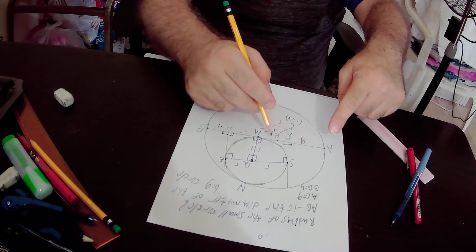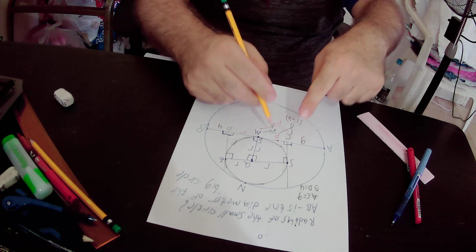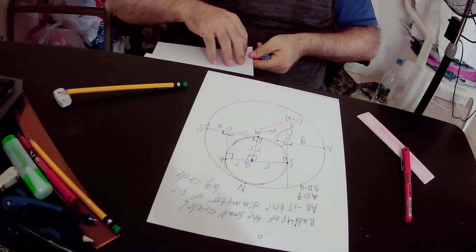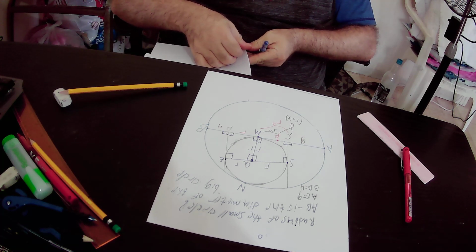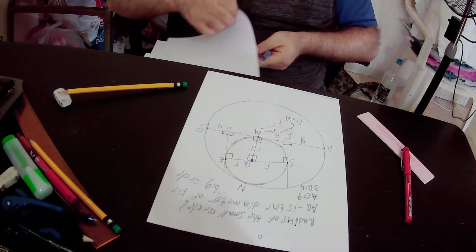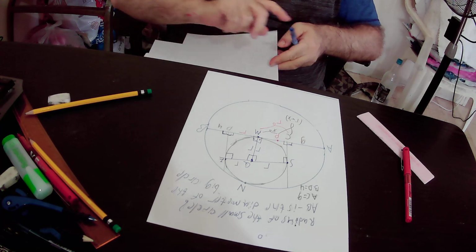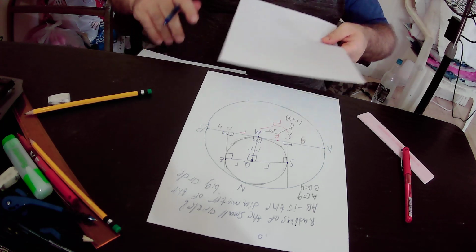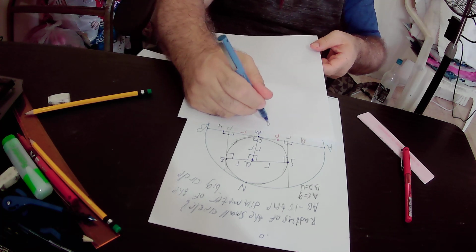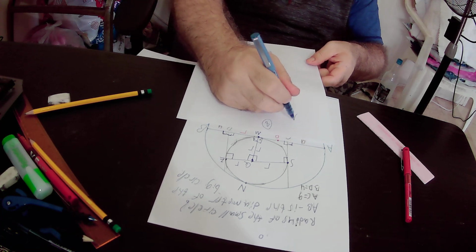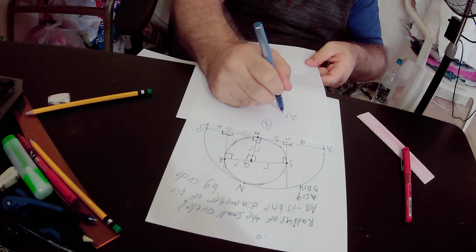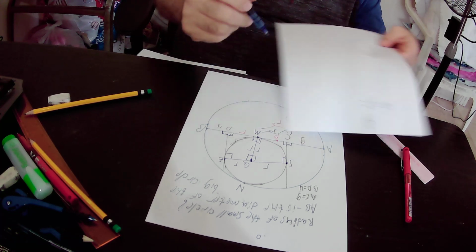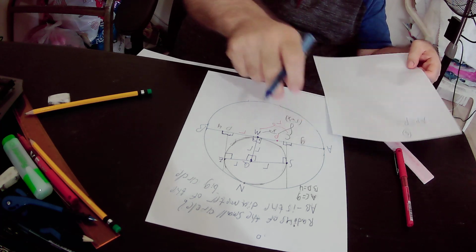Actually, AP equals AC plus CP. AP, that is the radius of the big circle, equals AC plus CP.